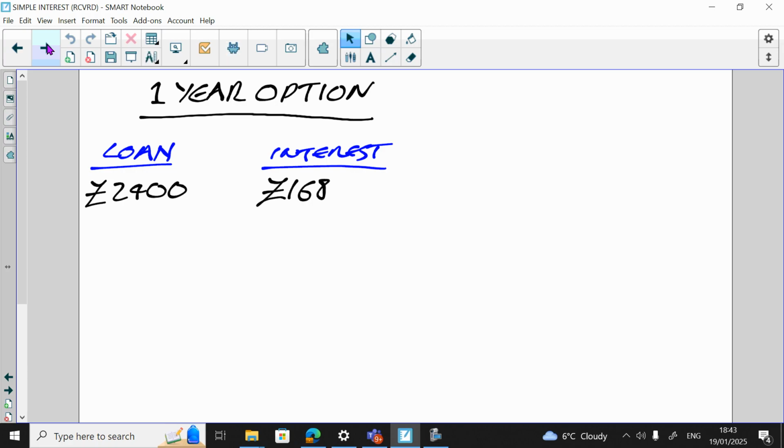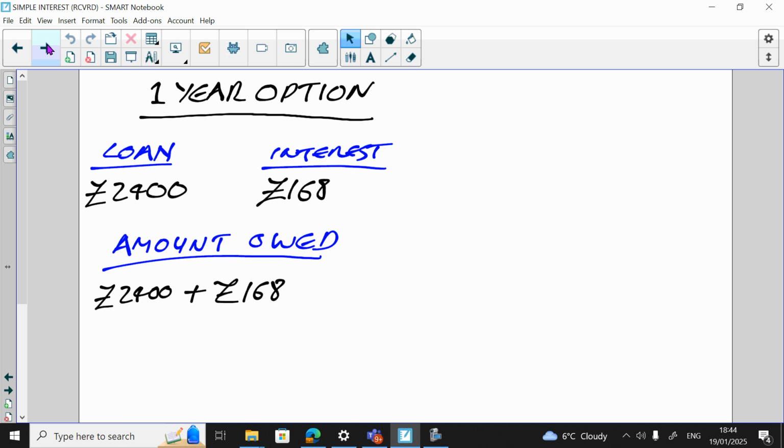That was 168. Because this is a 1 year option, we've got the loan, we've got the interest. So together, the total amount owed, just bring them together is 2568, that's what my calculator says. Does your calculator say that? Hopefully it does.